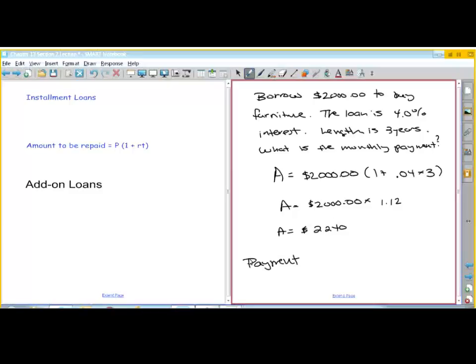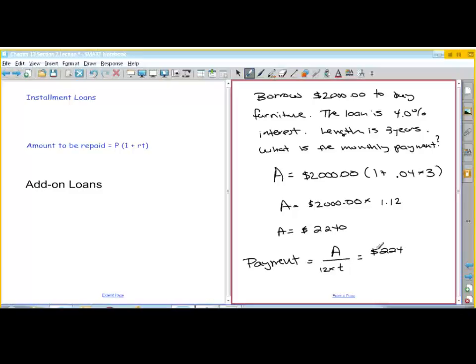Now the way these add-on loan payments would be calculated is you just take the amount that you owe after 3 years and you divide by the number of months. T is the number of years, and 12 times T would give you the number of months.